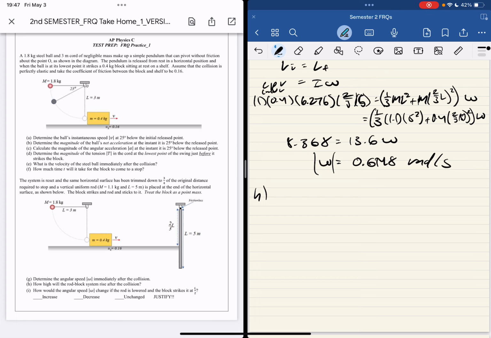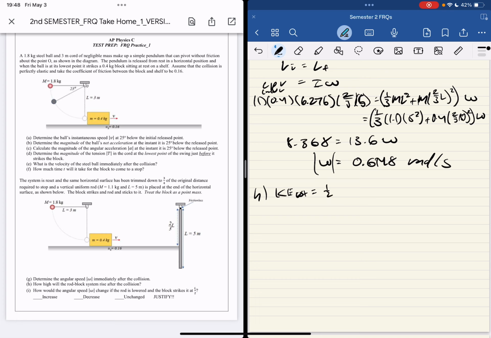Here they want the height, so we're going to set up conservation of energy. But before that, I'm going to find the KE of the rod. Because when the block hits the rod, it will not move linearly, but just have a KE rod instead of a KE linear.